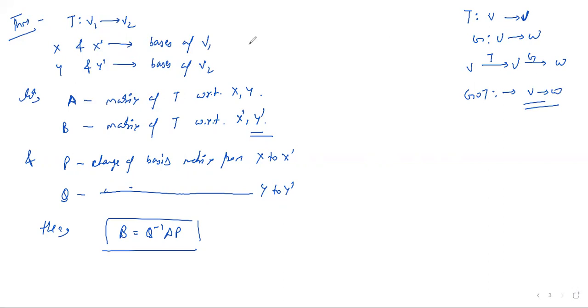Similarly, we'll apply the composition here. Look closely: we have the matrix P, which is our change of basis matrix from x to x dash. Both x and x dash belong to the vector space V1, so the mapping for P is going from V1 to V1.